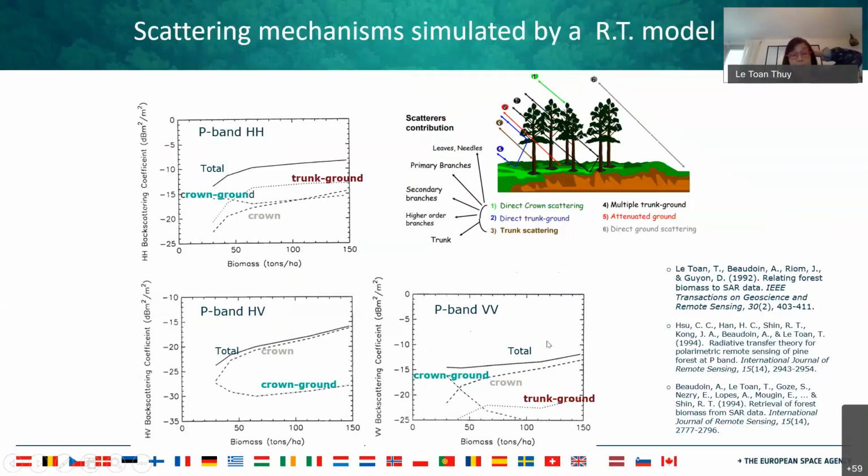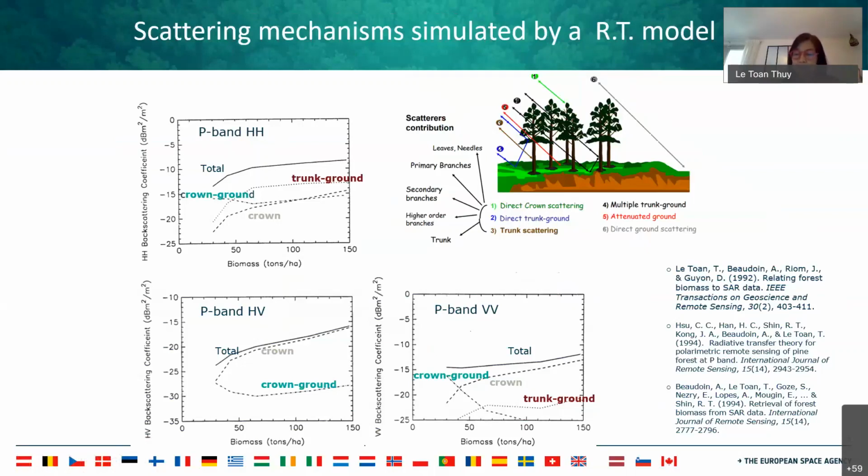So we say that okay, the HV could be used, but just in case, we have to do something to remove the effect of the crown. This also had some impact after many years. This is the simulation on a forest in France.